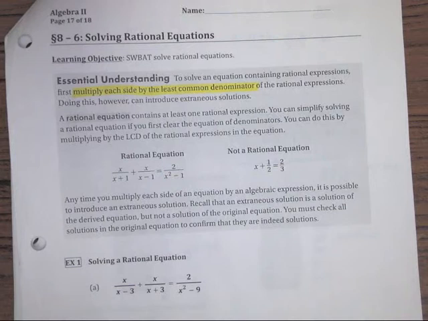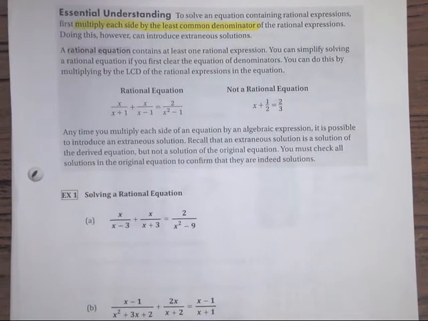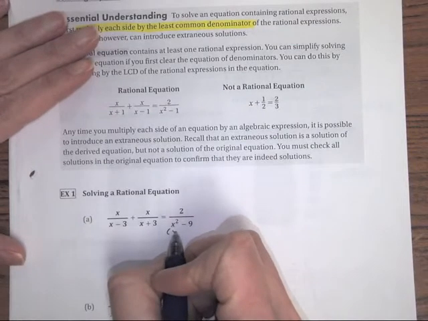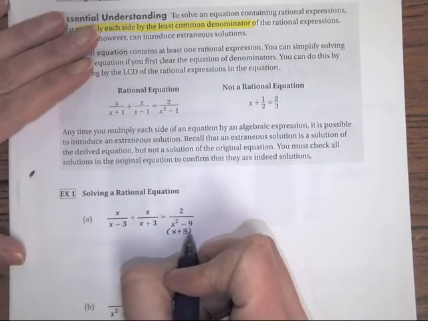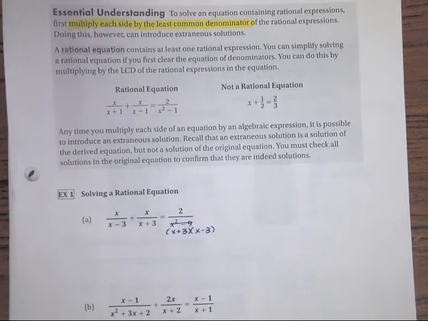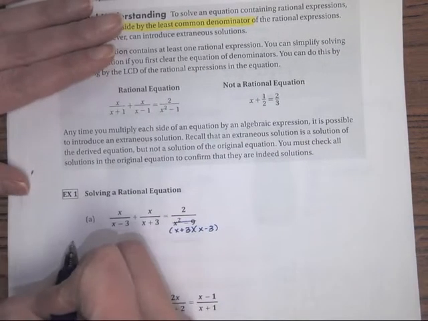All right, so the first thing we're going to do, if we go down here to example 1a, is we need to factor our denominators so we can determine what the lowest common denominator is. Would you agree this is going to be x plus 3, x minus 3? Fair enough? And so here's what this means.